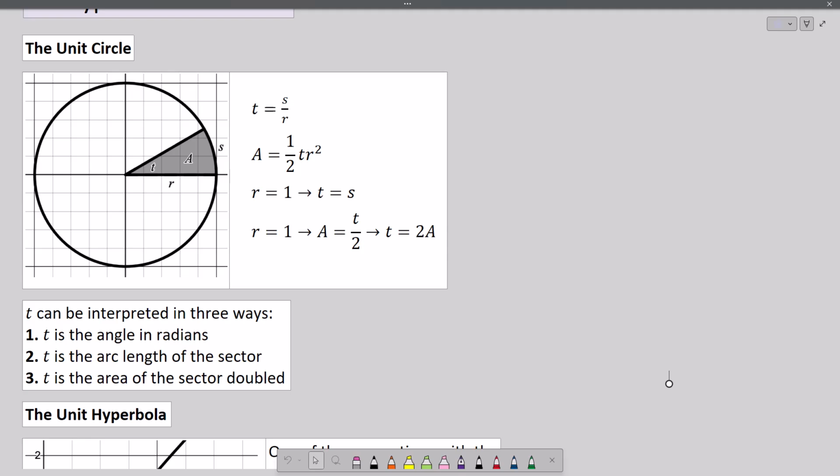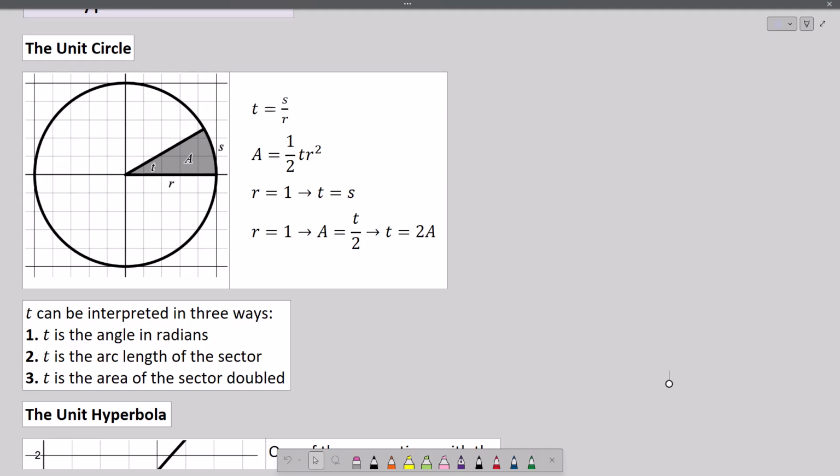When you say the measurement is in radians, you're giving a pure number. There are no units to that number. It's just a number. Then the area of a sector is 1/2 theta r squared. We are using a t instead of a theta, so it's 1/2 t r squared. That's the area of that sector.